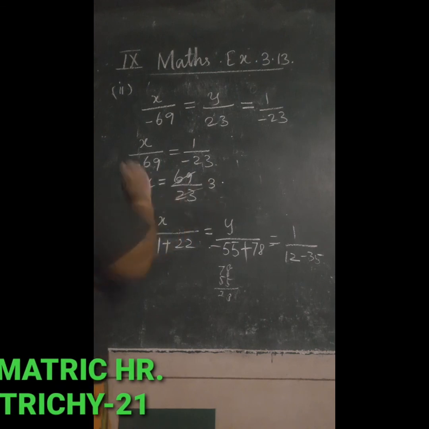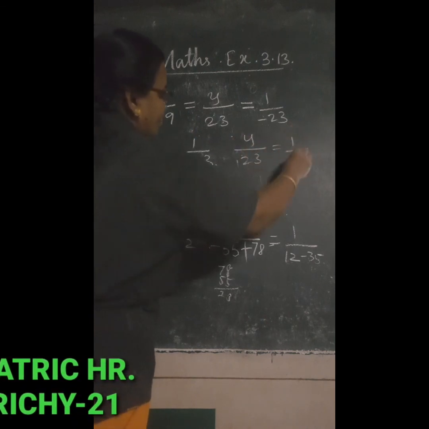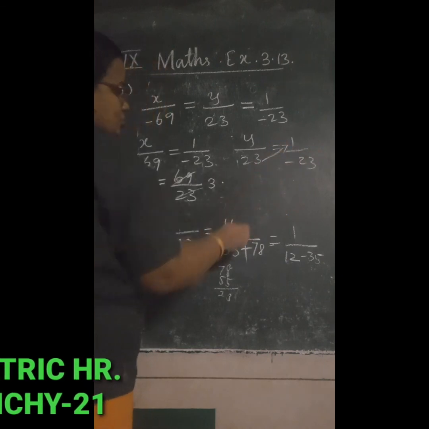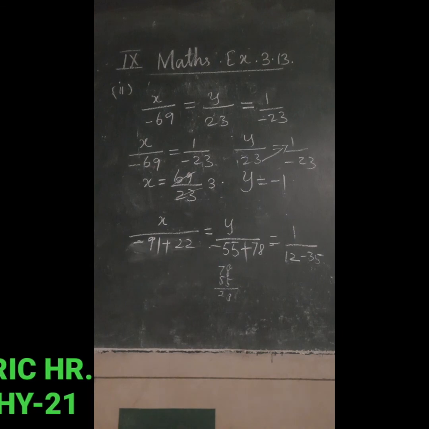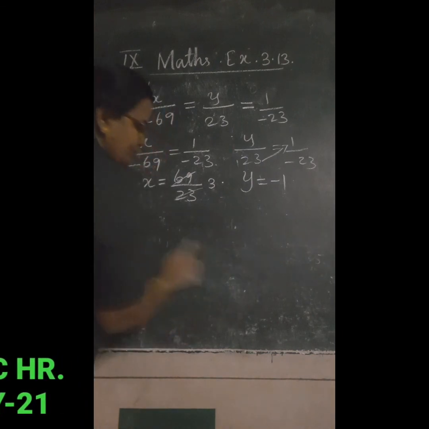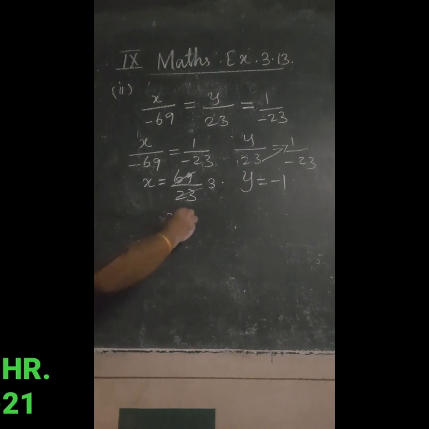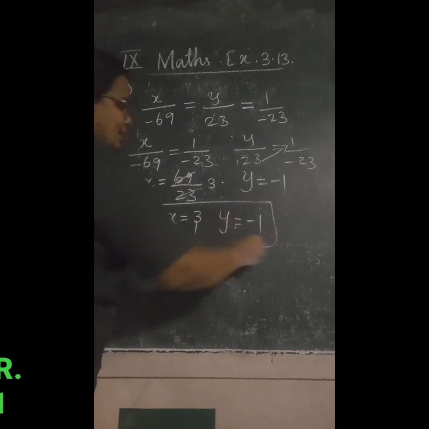So x is equal to 3. And y by 23 is equal to 1 by minus 23. This goes into the numerator, we will get y is equal to minus 1. So what is the answer? x is equal to 3 and y is equal to minus 1 is the answer.